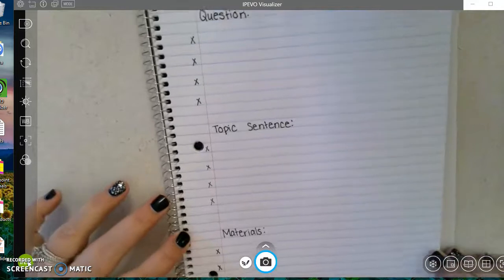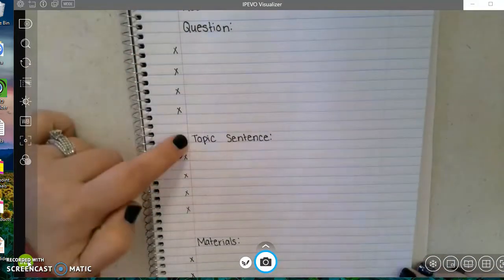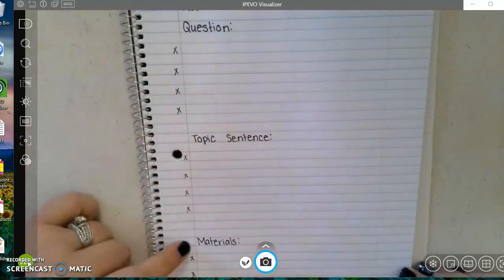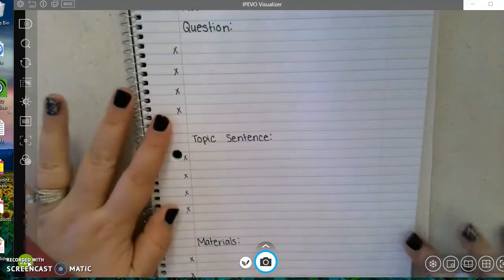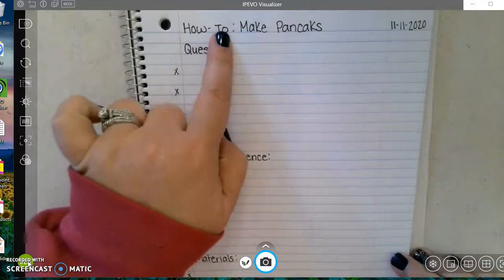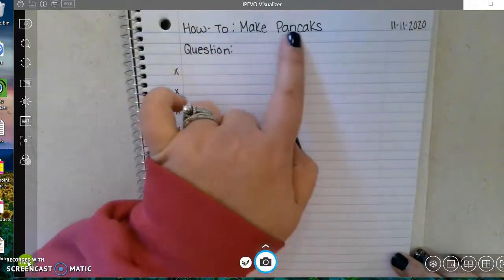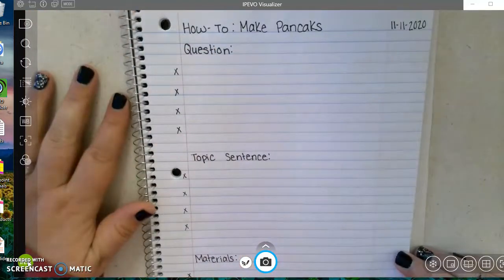I'm going to scoot it down so you can see all 3 words. Question, topic sentence, materials. These are the 3 sections that you should have. And then it should say how to, and then whatever you're telling me how to do up here with the date. Okay.